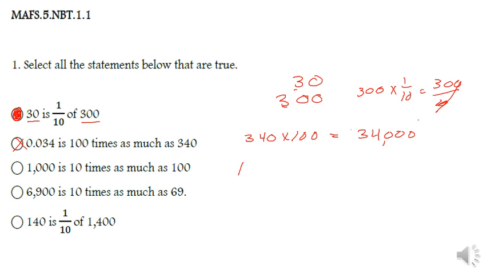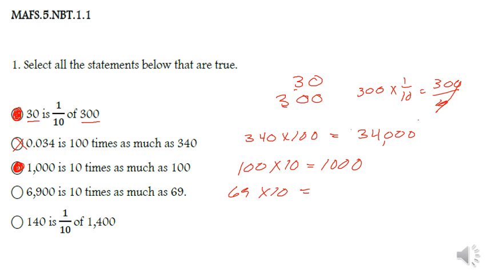Next one, 1,000 is 10 times as much as 100. So we can test that out since 100 times 10 equals 1,000. So 1,000 is 10 times more than 100. So that's a good statement. Next one, 6,900 is 10 times as much as 69.